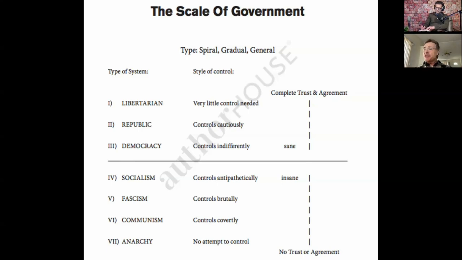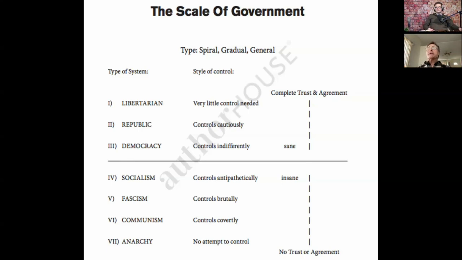That is why Thomas Jefferson said, the government that governs least governs best. That is pure libertarianism. So Jefferson was not saying we shouldn't have police, we shouldn't have a militia, we shouldn't have firemen, we shouldn't have a government. He was saying you want to reduce it to the minimum.